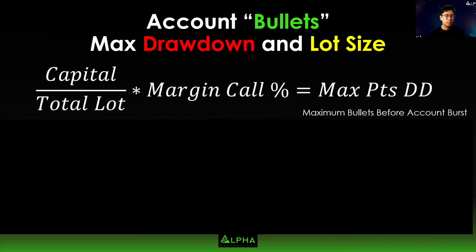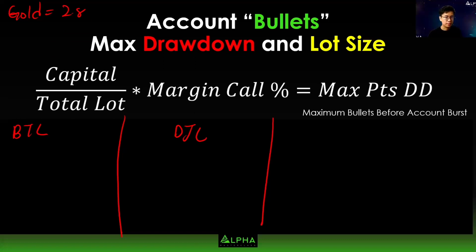Come, type in the chat box, what other markets would you like me to analyze? Gold, BTC, Dow Jones, okay, what else? The lot size, I assume that everyone is using the same 0.1 lot.